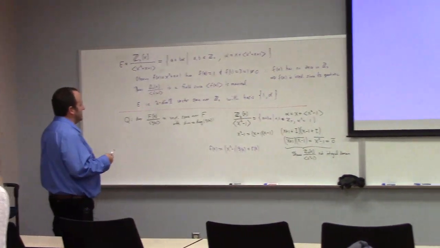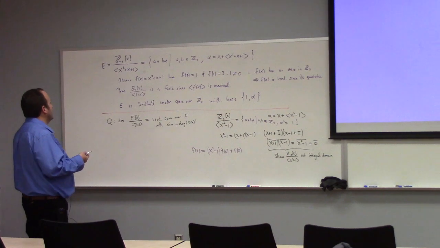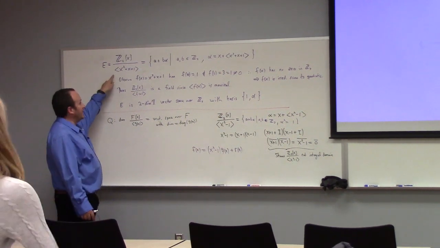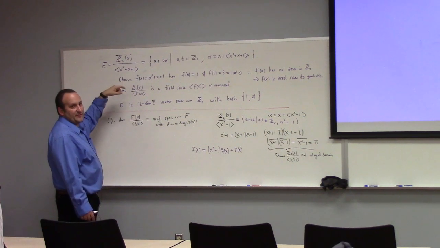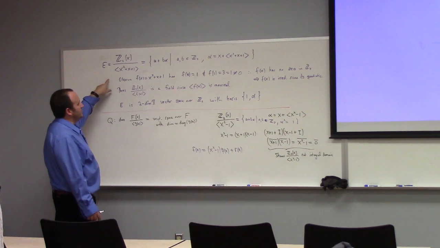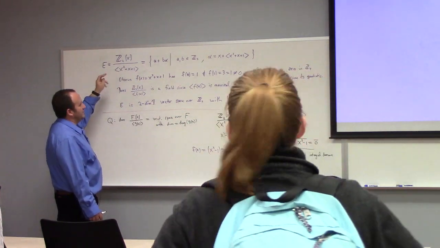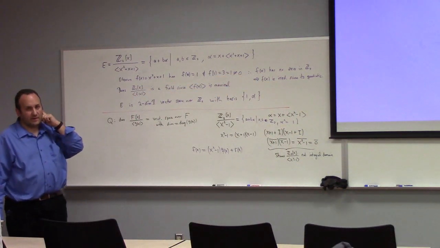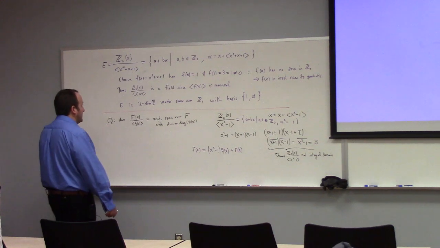Bethany asked me to look at some examples, so I'm just revisiting this one: Z2[x] mod x squared plus x plus 1. We're just looking at examples, in light of the theorems from lectures 29 and 30.